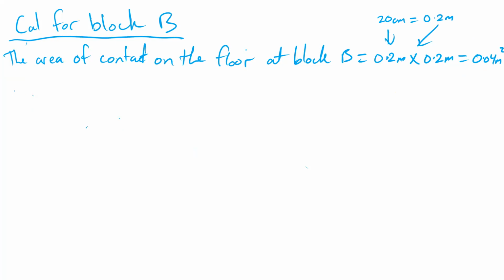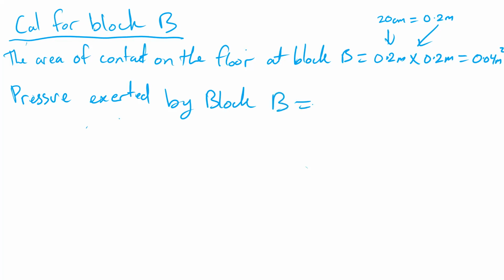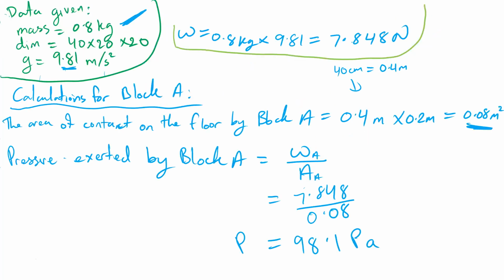Now that we know the area of contact, we can find the pressure exerted by block B. So again, that will be the weight of block B divided by the area of block B. And as mentioned, both of these blocks have the same weight.